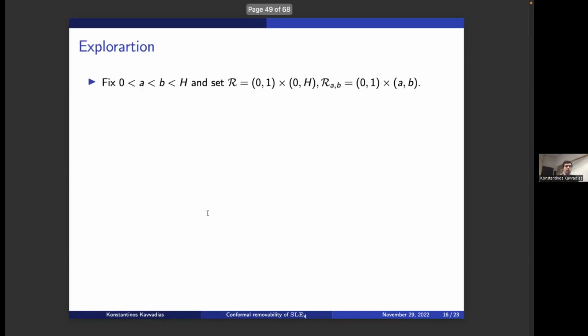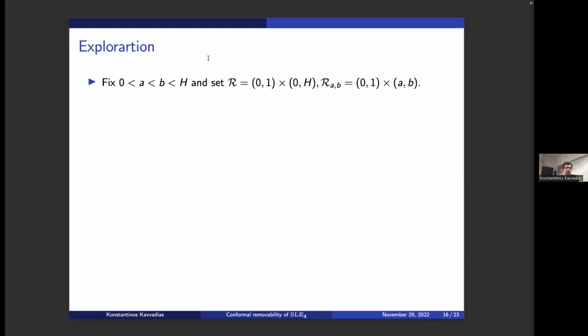So the next step for me to mention is the exploration. How can someone obtain these crossings in a measurable way, and what kind of exploration are we considering?